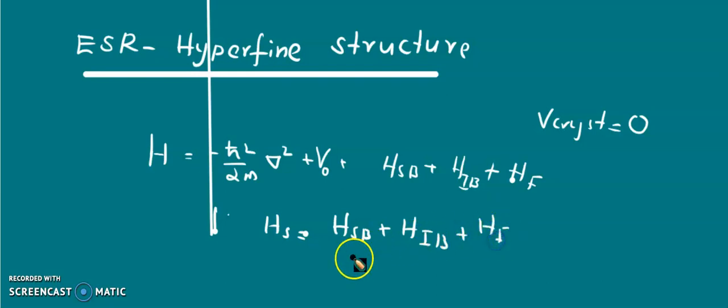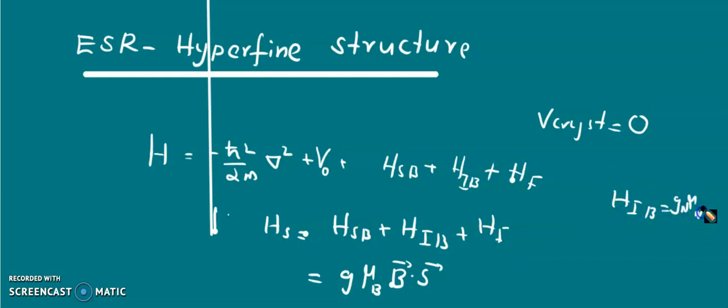So, HSB is equal to G into mu B into S dot B, or B dot S, since A dot B equal to B dot A. And this HIB is equal to Gn mu n B dot I for a single nucleus present in the material.